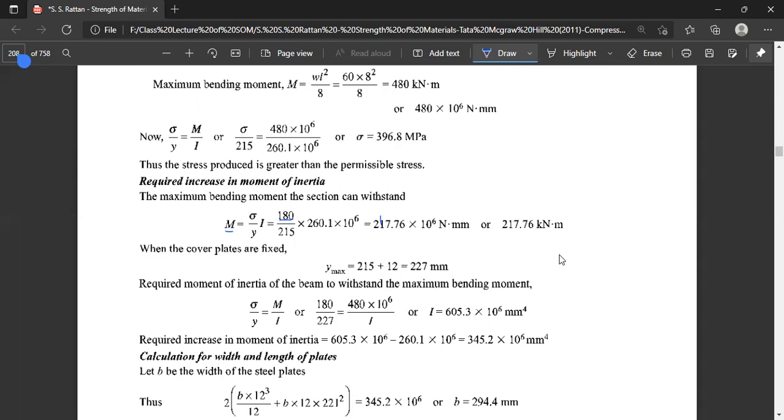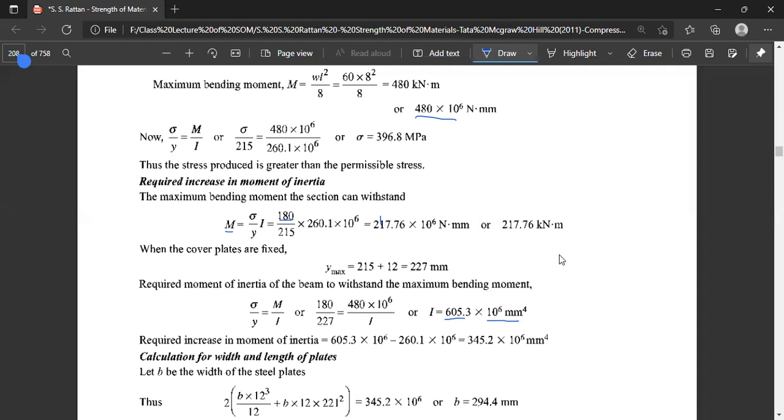The required moment of inertia of the beam to withstand the maximum bending moment will be given as I, where sigma is given as 180, y is given as 227, which is 215 plus the thickness of the flange, that is 12, multiplied by the maximum bending moment we are supposed to withstand, that is 480 into 10 to the power 6, divided by I. So I is supposed to be 206.3 into 10 to the power 6 millimeter to the power 4.